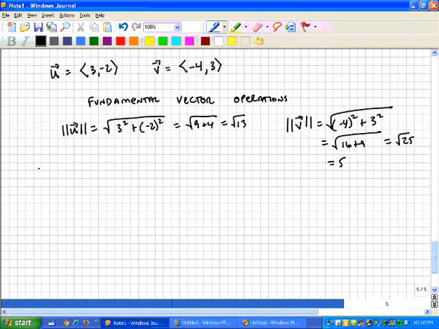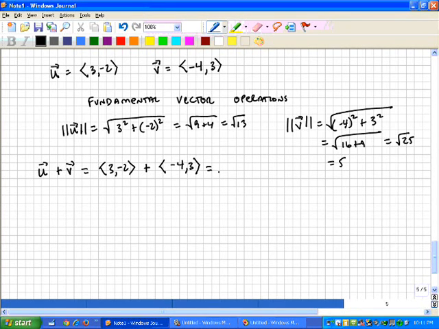But we can also find the sum of two vectors now. This is the vector 3, negative 2, plus the vector negative 4, 3.